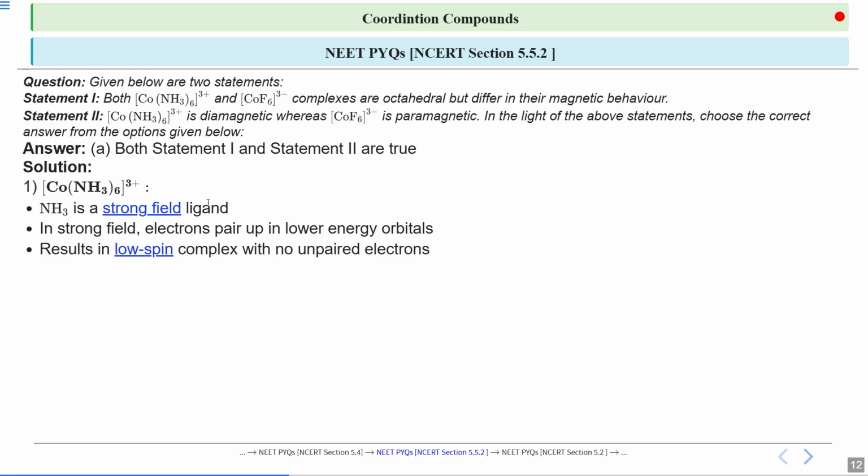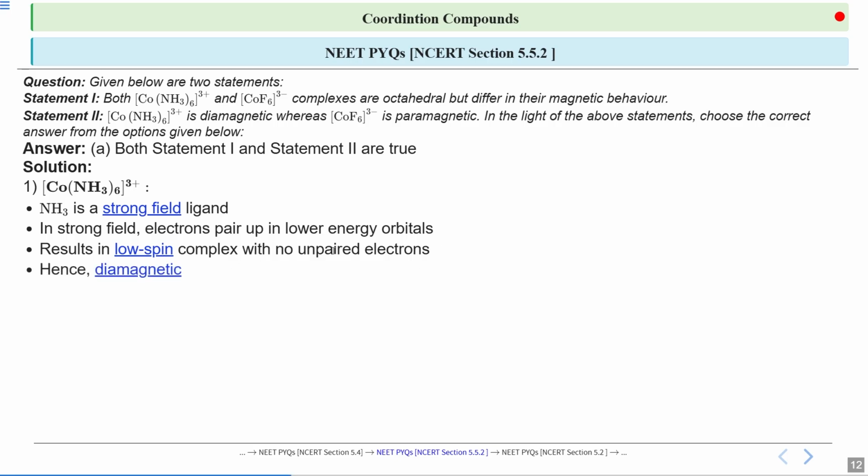Due to the strong field, the electrons will pair up in the lower energy orbitals, because the strong field will increase the energy gap between the two sets of degenerate orbitals, due to which the electrons cannot jump into the higher energy level, so they start to pair up in the lower energy orbitals. Now this results in the formation of a low spin complex with no unpaired electrons.